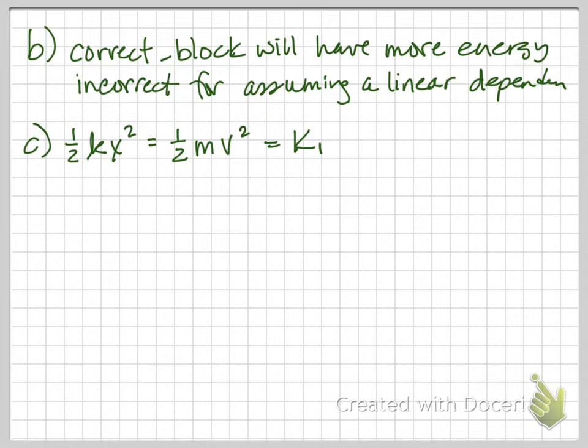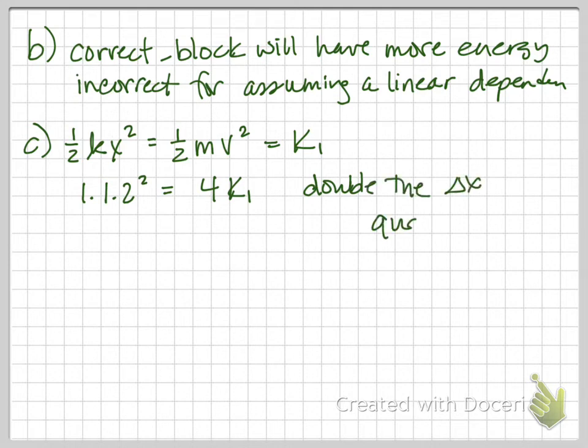Now, if I double the position, double the amount that the spring is compressed, we get a 1 times a 1 times a 2 squared, which is equal to 4k1. So what we're told here is that if we double the delta x, we quadruple the kinetic energy.